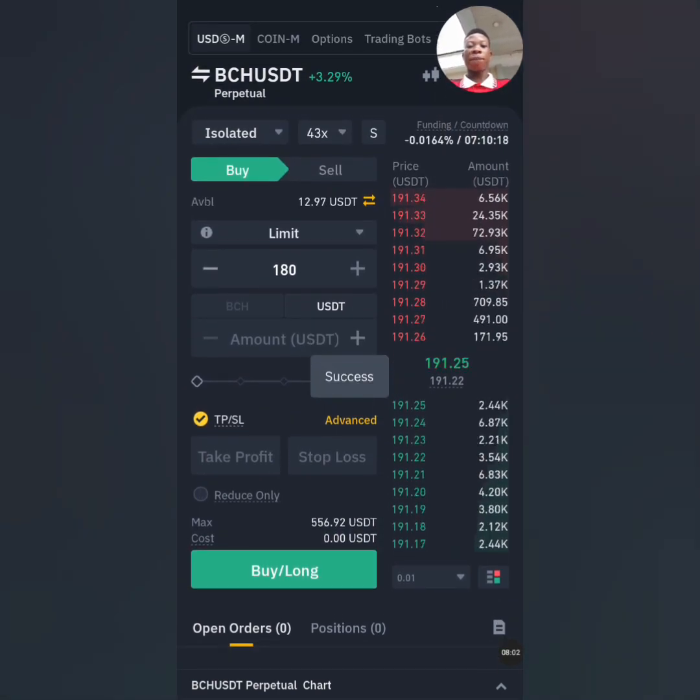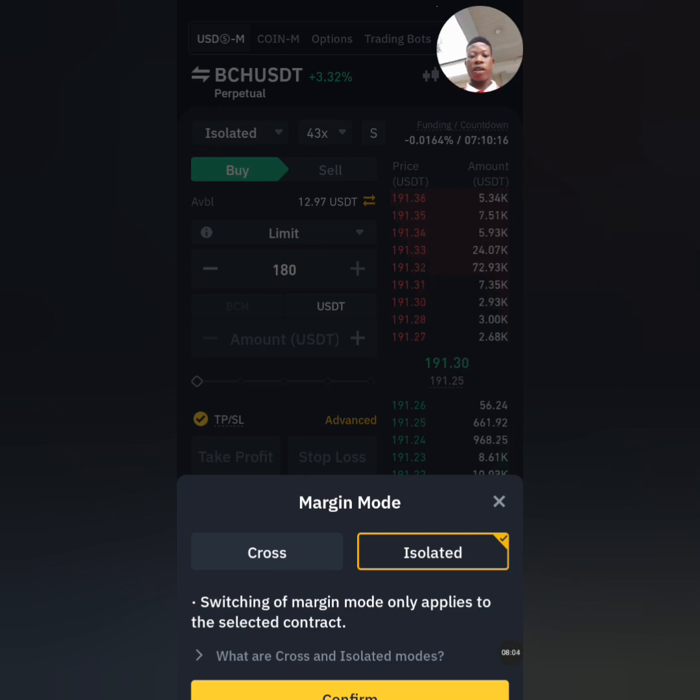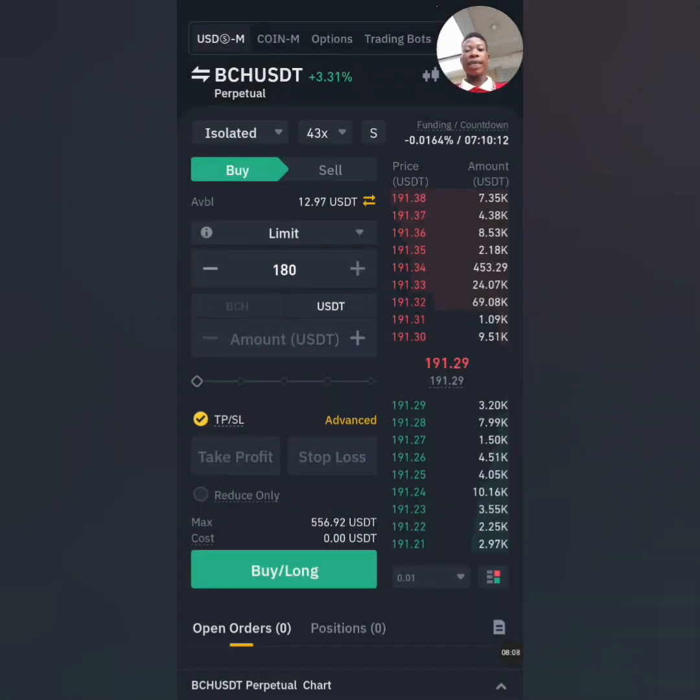And then you have the cross margin here. Let me explain what isolated margin is. Let's assume I have approximately 13 USDT right here in my futures wallet. So this is my futures wallet.